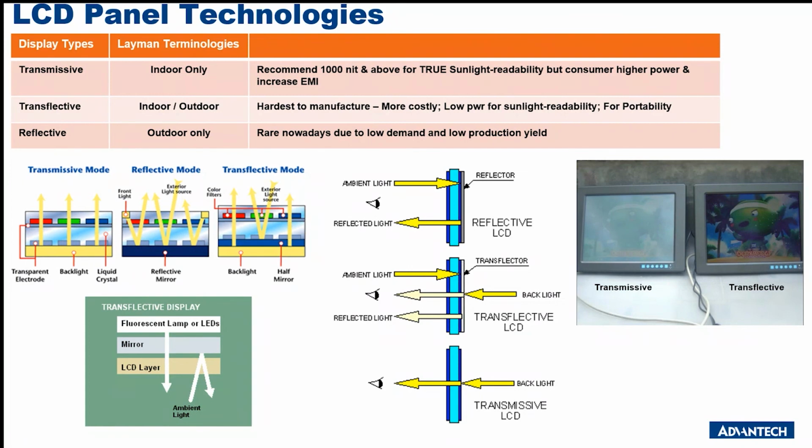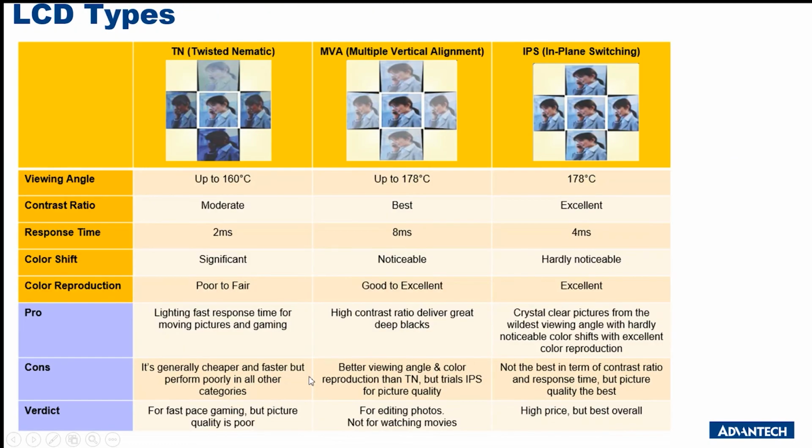And then transflective is mostly for outdoor use. And then the LCD type, TN, is quite rare also, but cheap. But you can see the image is fine at the center and the sides are a little blurry.